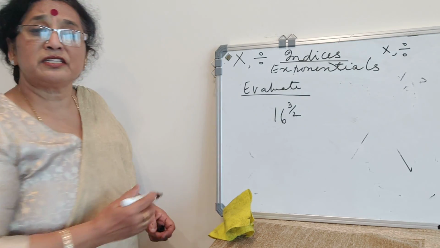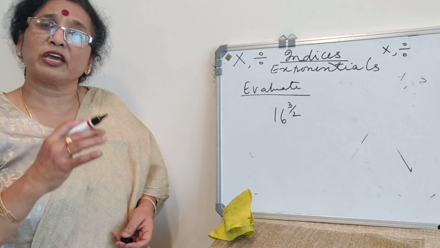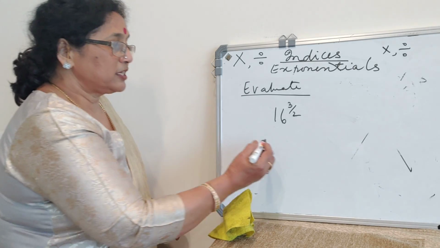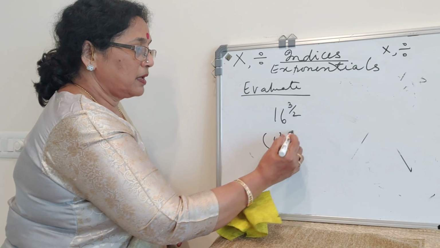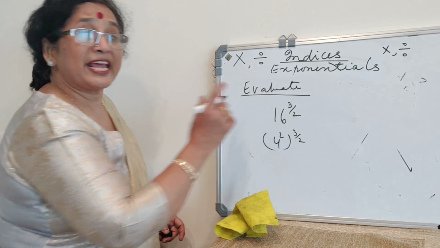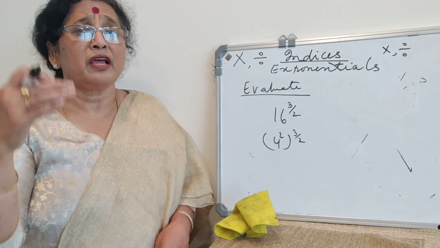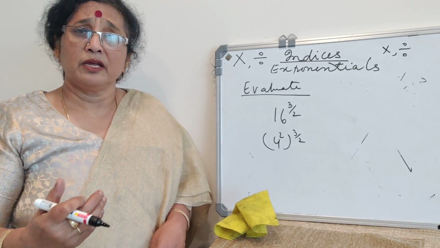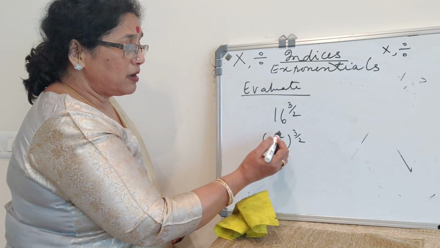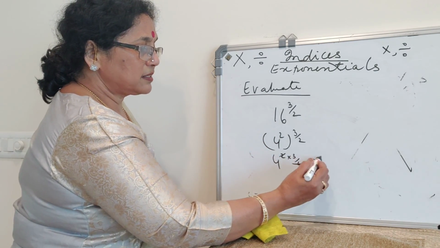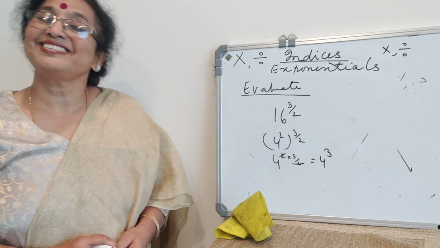Change this to exponential form. You can make it 2 to the power of 4, or you can make it 4 square. So let us make it 4 square. And the 3 by 2 also should be in exponential form, not addition or subtraction of two numbers, because then you cannot bring the power inside. So power raised to power we multiply. This gets cancelled, the answer is 4 cube, which is 64.